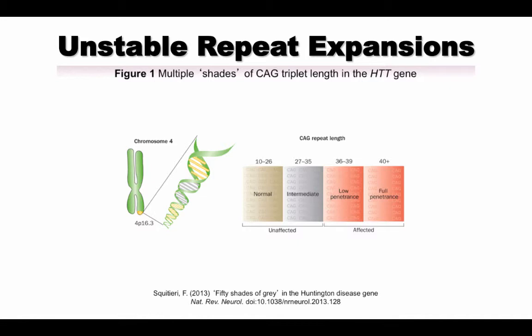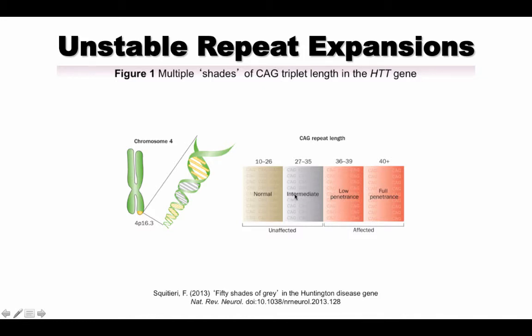Right here you can see that if you have CAG triplets between 10 and 26, then the person with this particular allele is unaffected, but they may produce progeny which have an expanded set of repeats. If those people have 27 to 35 repeats in their allele, then they are still unaffected.